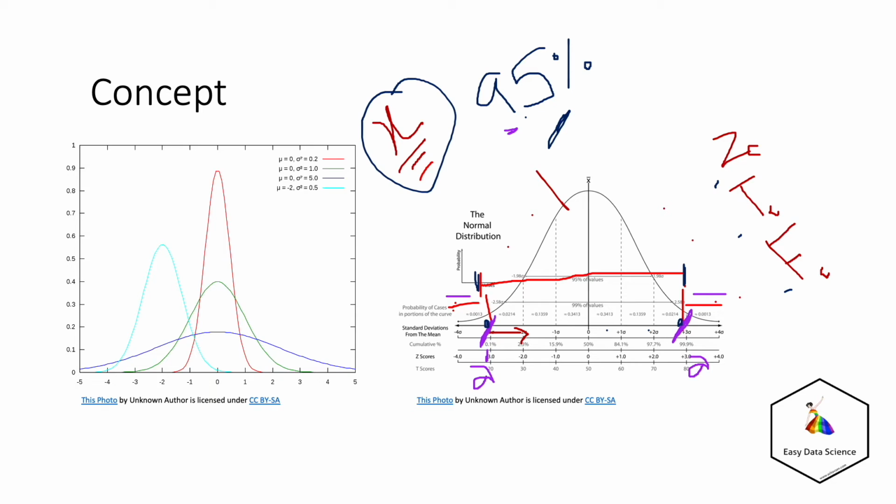What is the value of the corresponding statistic? Once we have that, we convert this sample mean into this kind of statistic like Z-stat or T-stat or F-stat.